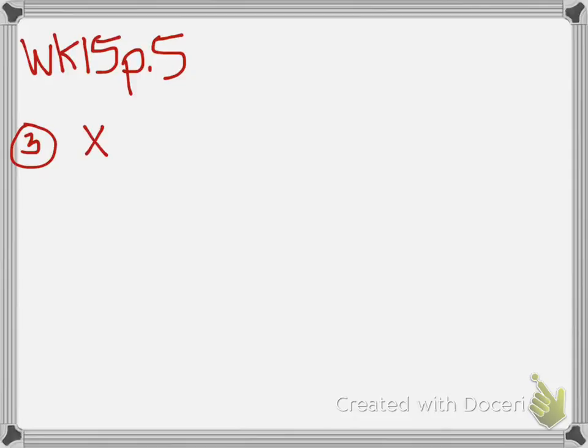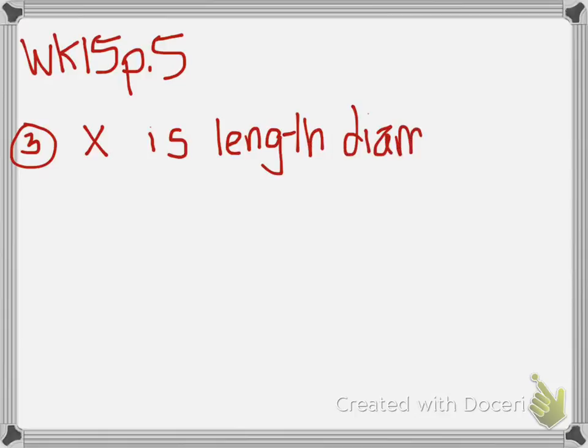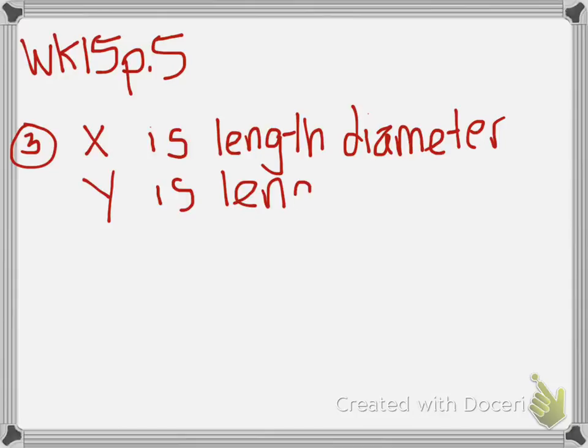So they said x is length of diameter of an object, and they said y is length of the circumference.